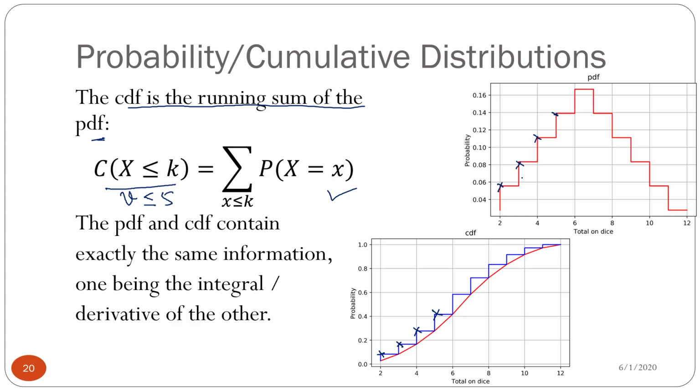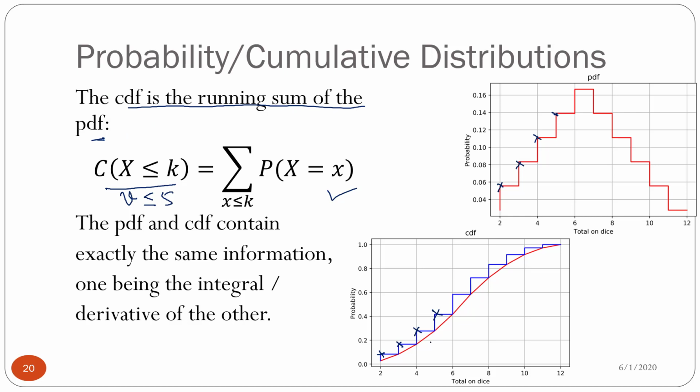You are adding the numbers that you obtained using the probability density function. Okay, so cumulative distribution function is the running sum of the probability density function.